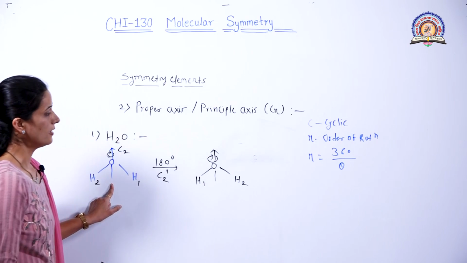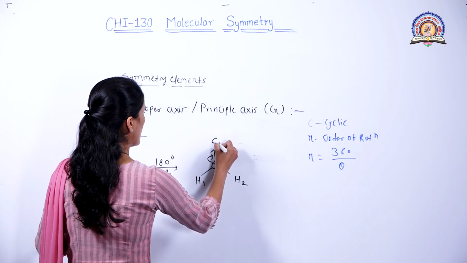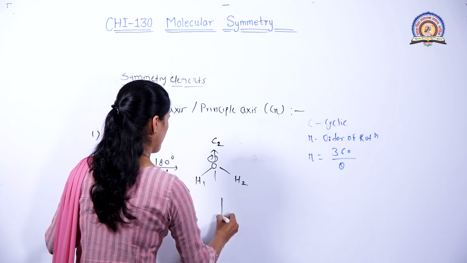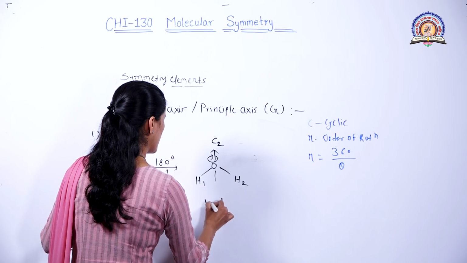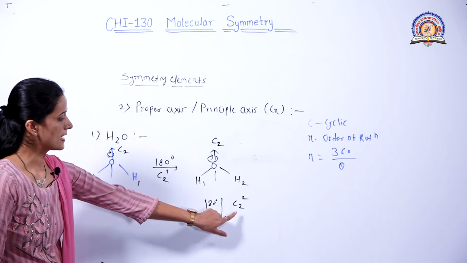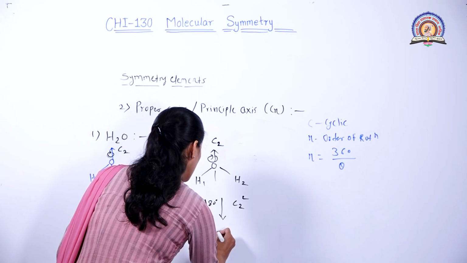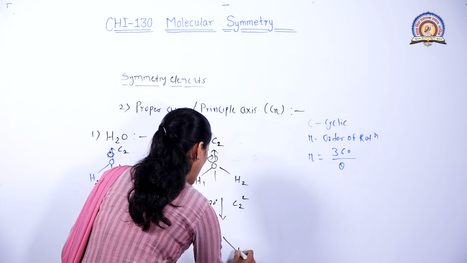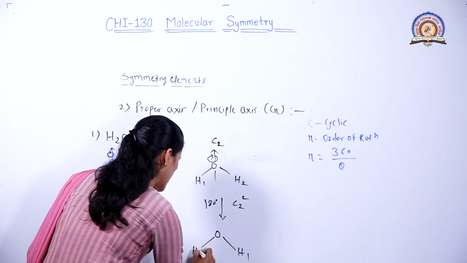Again, I have to rotate my molecule at 180 degrees. That is the C2 second operation. Then H1 is here and H2 is here.